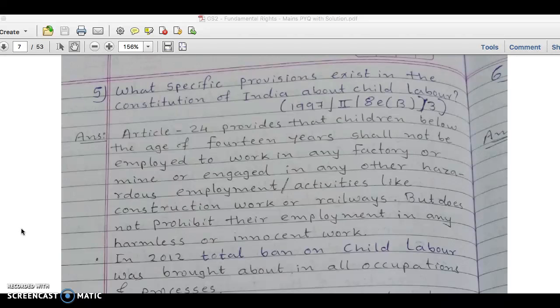And principle of equality, free and fair election, independence of judiciary, limited power of parliament to amend the constitution, effective access to justice, principle of reasonableness, power of the Supreme Court under Article 32, 136, 141 and 142.